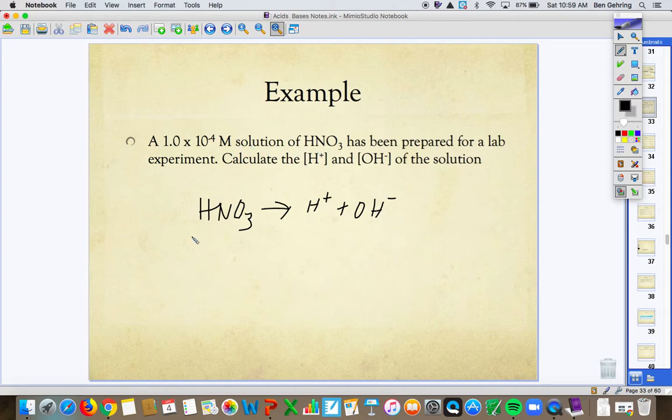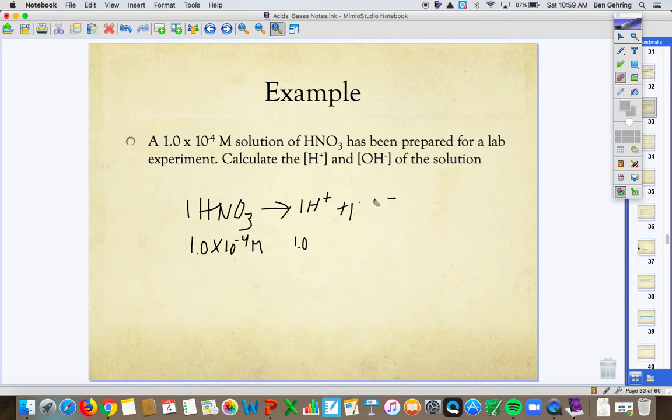So I know this number is 1.0 times 10 to the minus 4th molar concentration here. Because my molar ratios are 1 to 1 to 1, I know that this concentration is going to be the same for hydrogen and the same for the other ion. Actually, that shouldn't have been hydroxide.